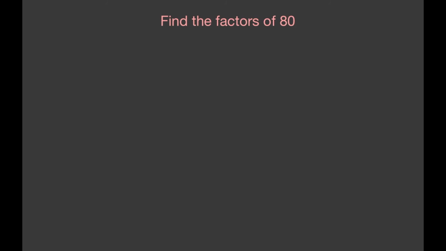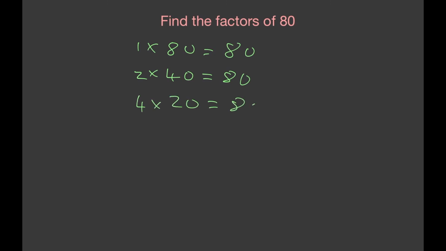Once again, we're going to find 2 numbers that multiply together to make 80. First off, 1 times 80 will give us 80. Next, we know 2 times 40 will give us 80. Also, 4 times 20 will give us 80. 5 times 16 will give us 80.